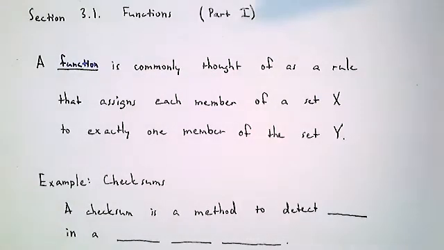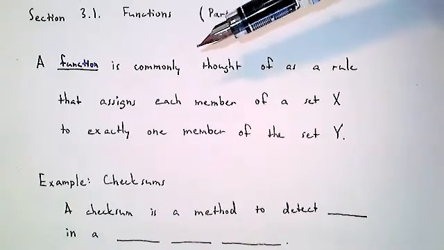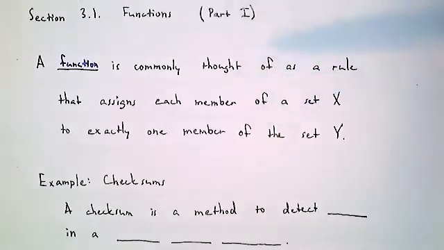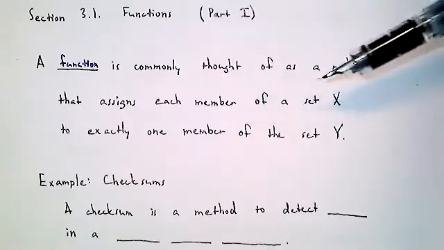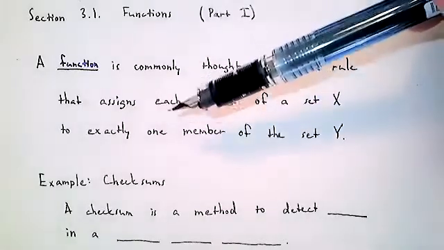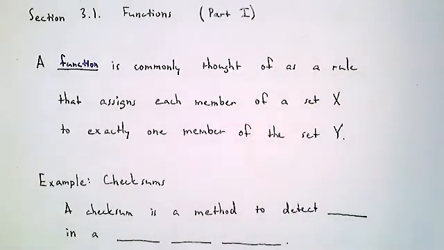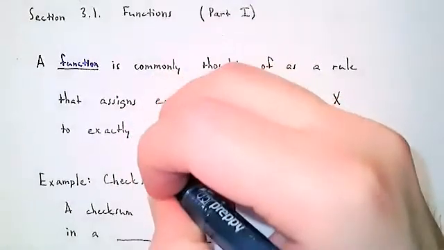Okay, so back to what I was saying. In most of your math classes, I think this is the idea of a function that you probably had. And that's as a rule that assigns to each member of a set another member of a different set. Maybe that's even a little bit more complicated of an idea than you had.